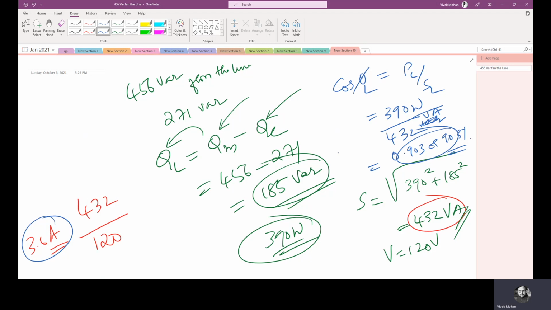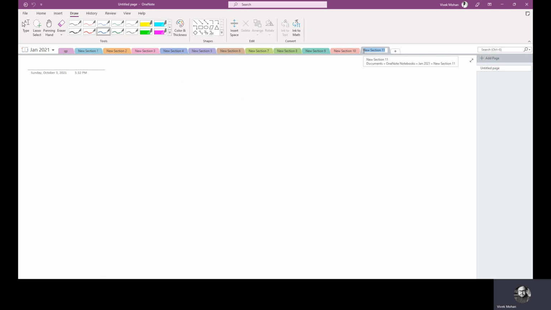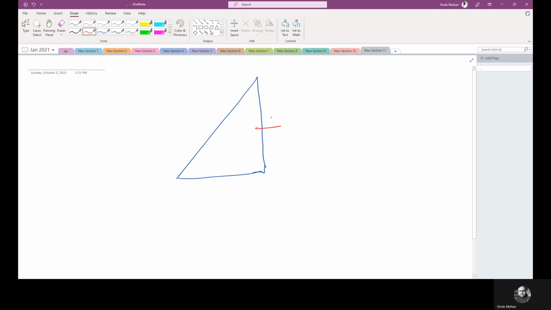So this gives the idea of the power triangle. What is the idea of the power triangle here? Say I have the power triangle like this. I'm using another color here. This is my QC.